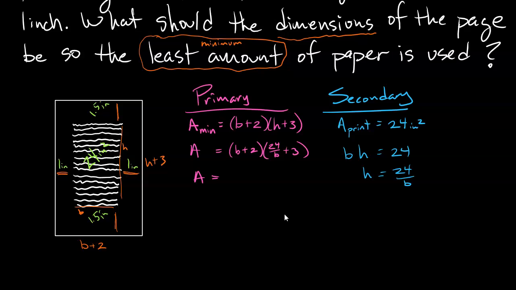So b times 24 over b is 24. b times 3. 2 times 24 over b would be 48b to the negative 1. 2 times 3 would be 6. But instead of writing plus 6 at the end, I'm going to put these two together to make 30, because they are both regular numbers. Okay, so I've got 30 plus 3b plus 48b to the negative 1.